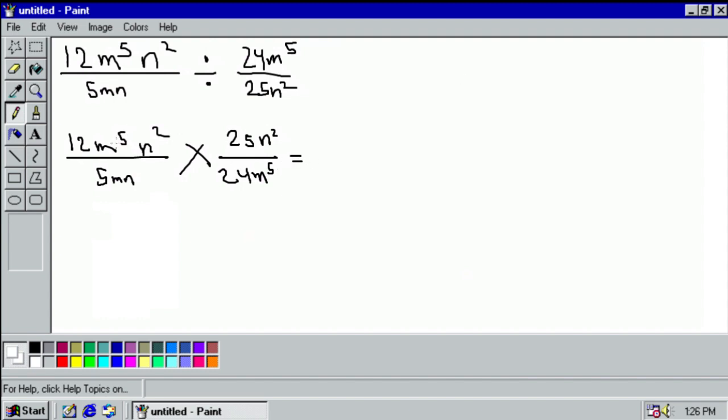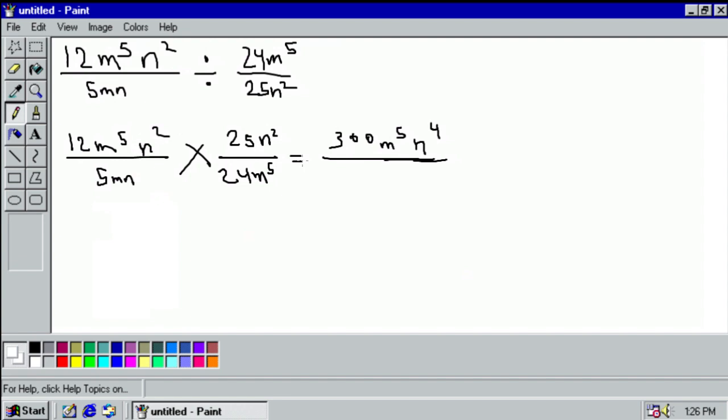So pretty easy. First you need to multiply the coefficients. So 12 times 25 is 300. For our variables, we don't have the base m, so we're just gonna copy that, and n squared times n squared, we just add exponents, so that will be n to the fourth.